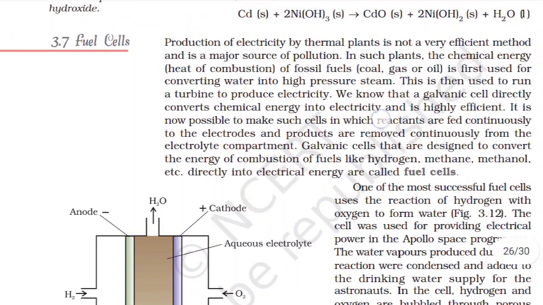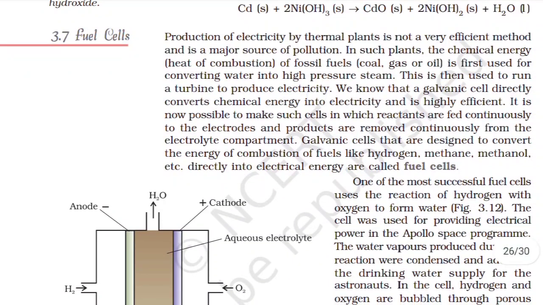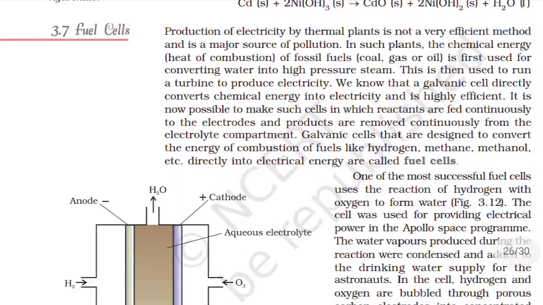These are all thermal power plants, where electricity is produced by using water and turbines. Similarly, coal gas and oils are also used to produce electricity.